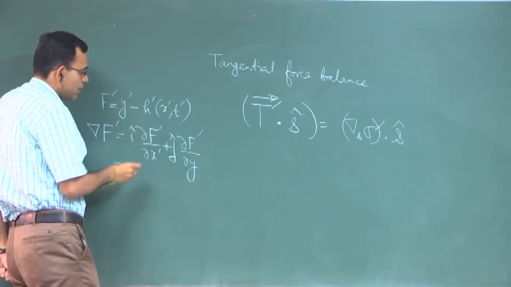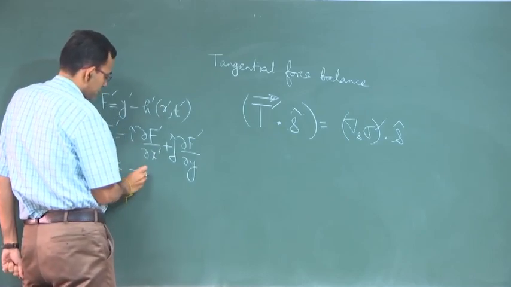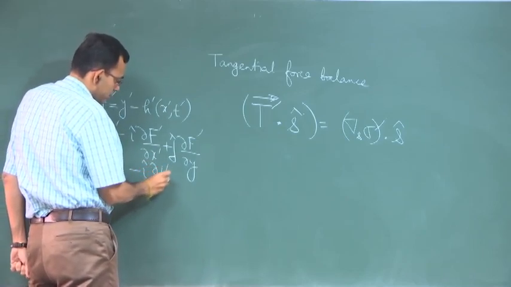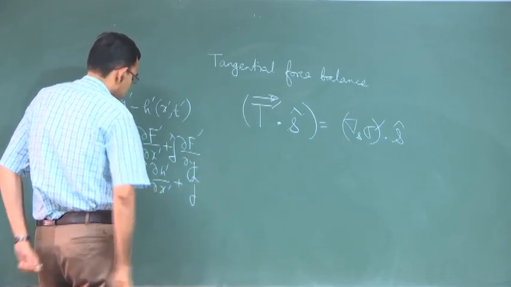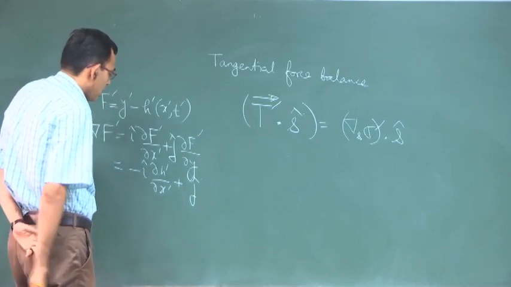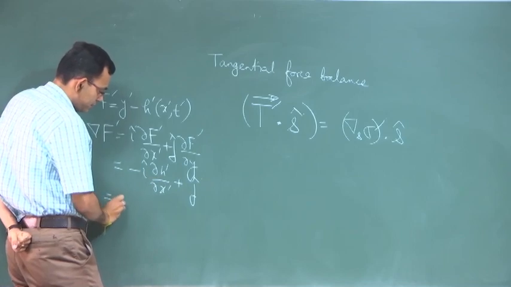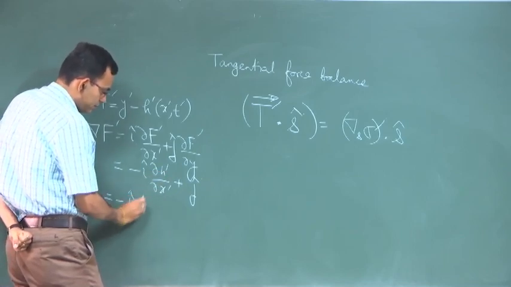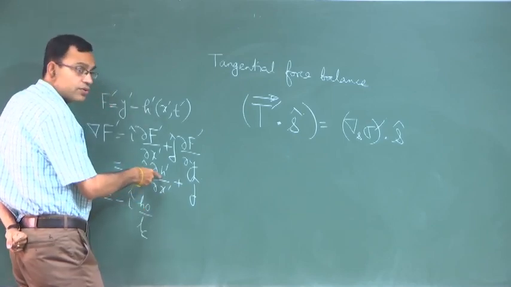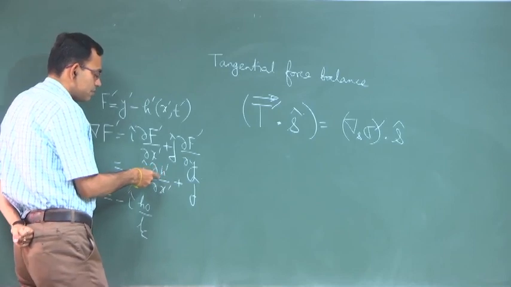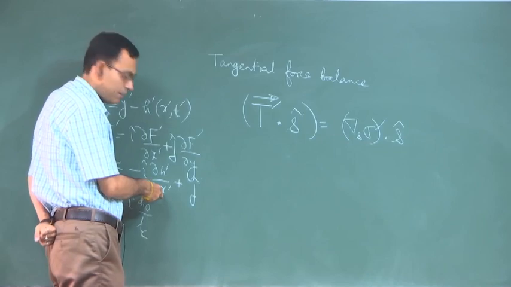Now you write this, and we can write this in terms of the corresponding dimensional parameters. h has a characteristic dimension of h naught, and x has a characteristic dimension of L_c.